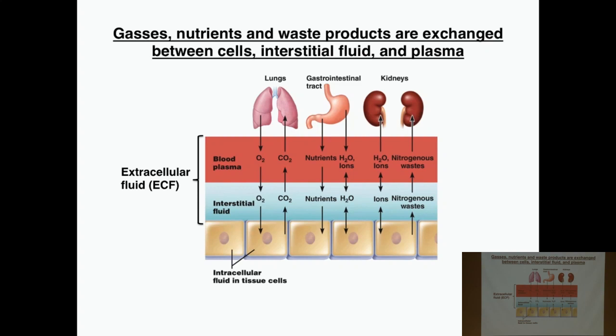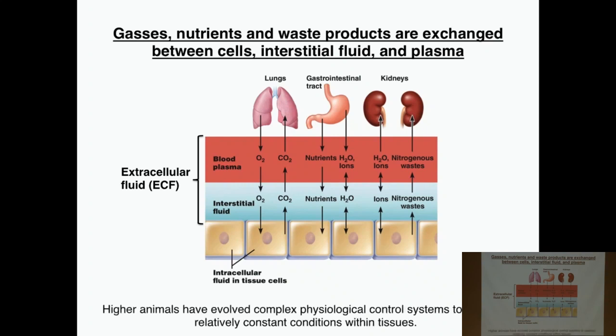For now, I just want you to be comfortable with the idea that you have this exchange between the internal environment of our bodies and the external environment all the time. And this is all happening so that our bodies can maintain a relatively constant internal environment with the right nutrients, the right gases coming in, and the right gases and waste products being released.